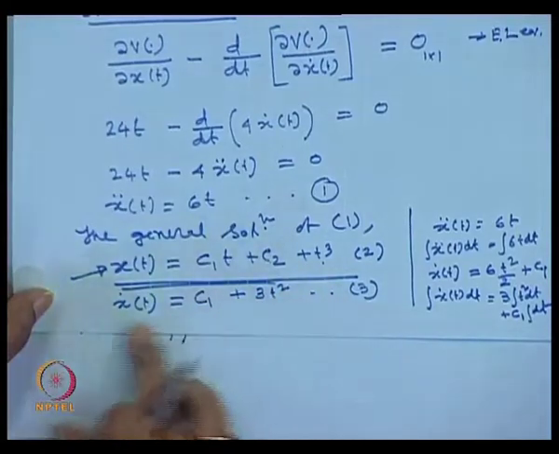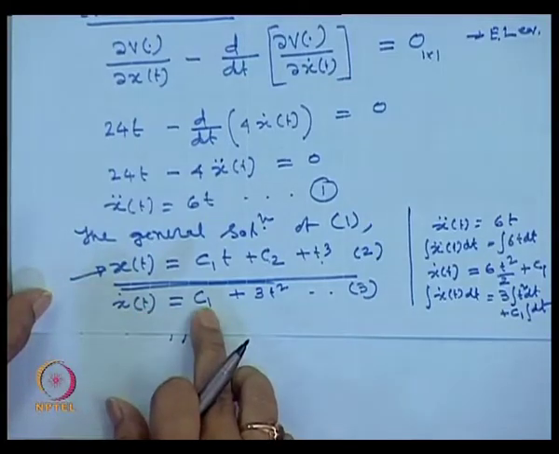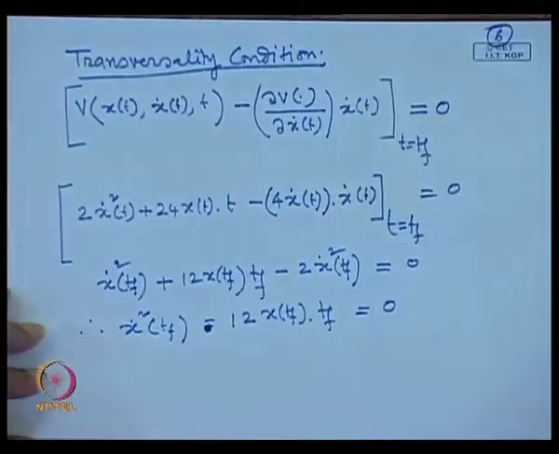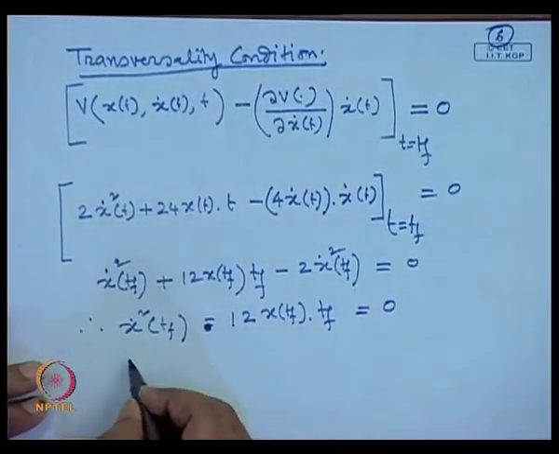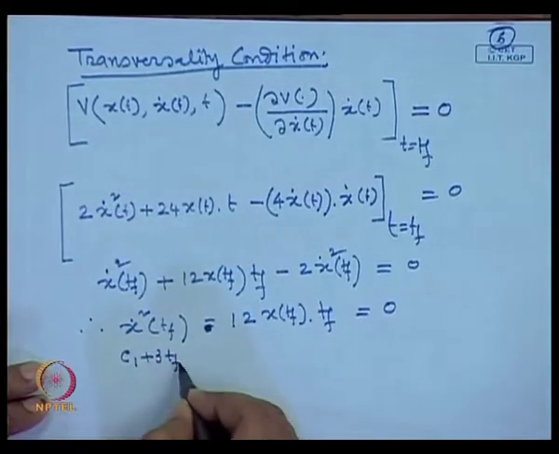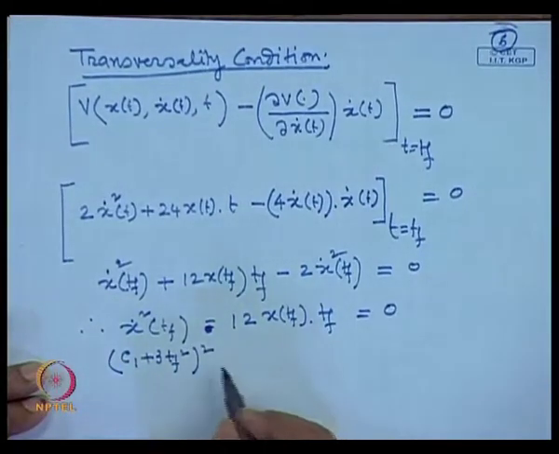As t is equal to T f, x dot T f is C 1 plus 3 T f square. So, I will write x dot value is C 1 plus 3 T f square, whole squared, okay, minus 12.